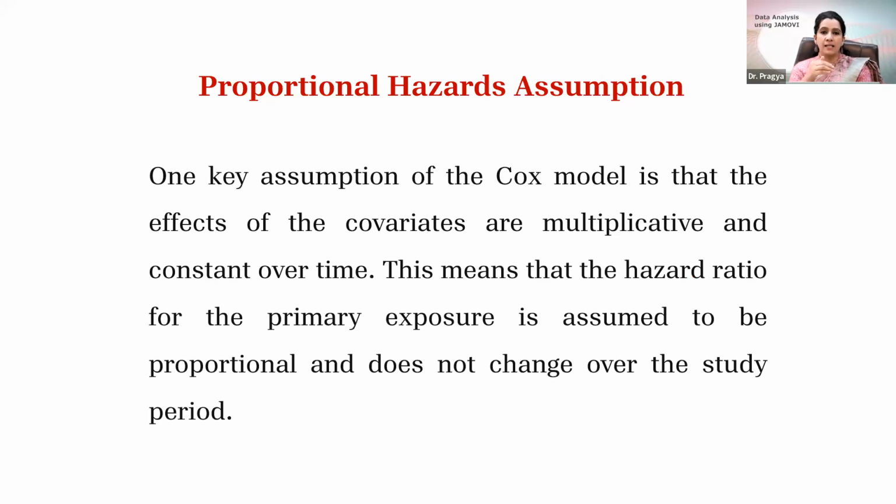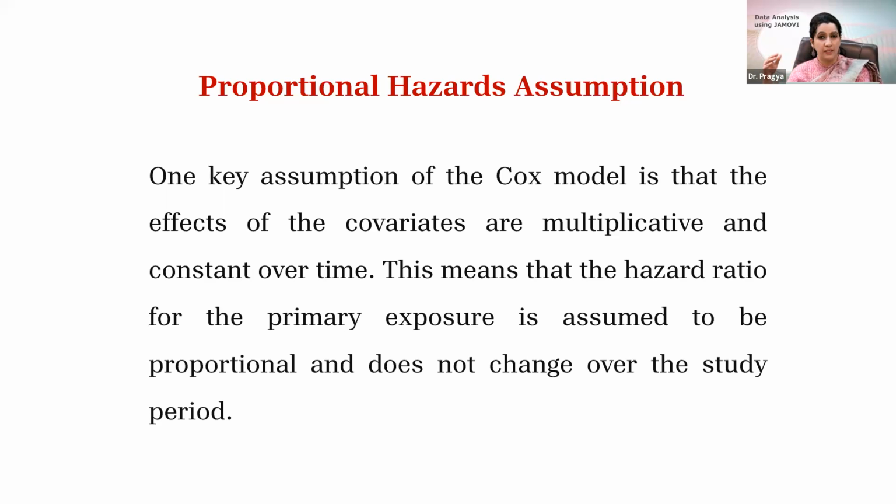Now, as the name suggests, it is the Cox proportional hazard model. So there is something known as the proportional hazard assumption, and we'll be touching briefly upon it. One key assumption of this Cox model is about the effect of covariates. What is a covariate?